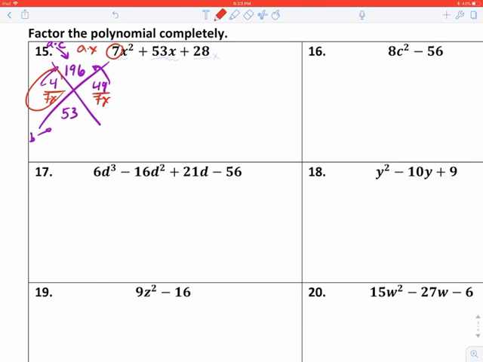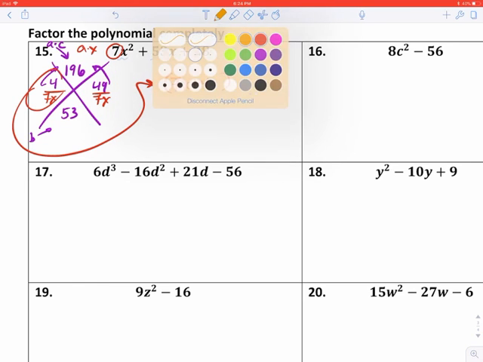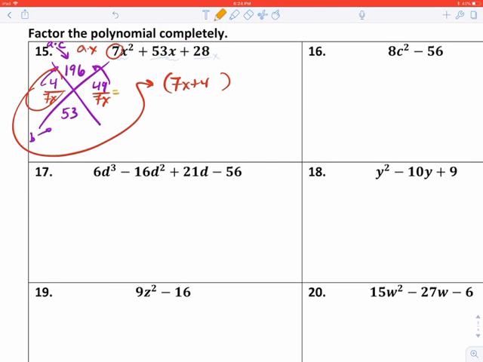Now, I can't reduce the one on the left, so this I'm going to write in parentheses as 7x plus 4. However, the one on the right, I can reduce both by 7, and I will get 7 over x. So this goes into the second parentheses as x plus 7, and that's your factored form.